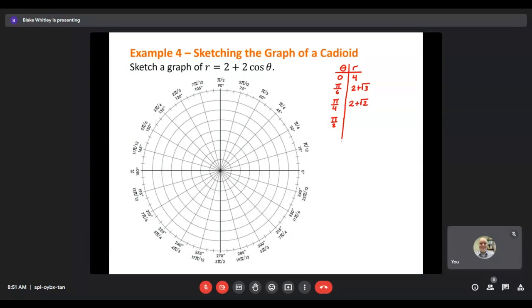We'll do pi over 3. Cosine pi over 3 is 1/2, times 2 is 1, plus 2 is 3. And then we'll look at pi over 2. Cosine pi over 2 is 0, times 2 is still 0, plus 2 is 2.